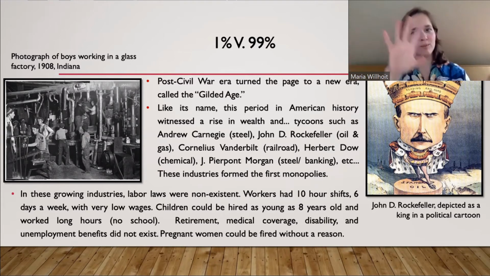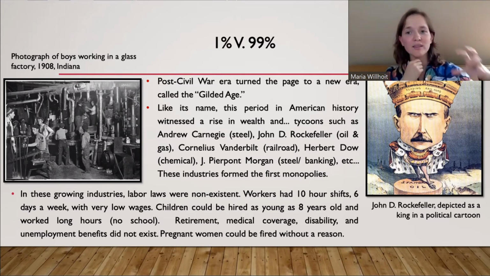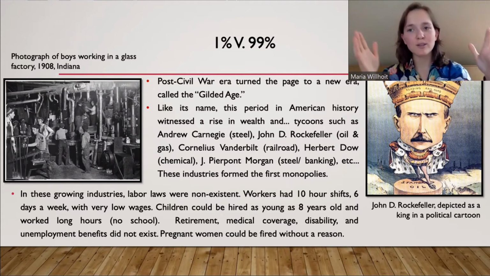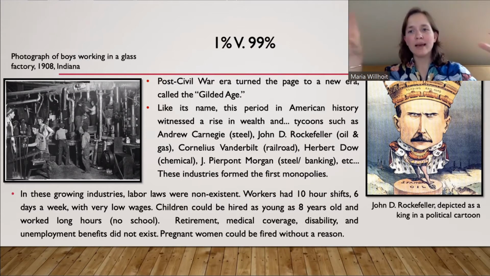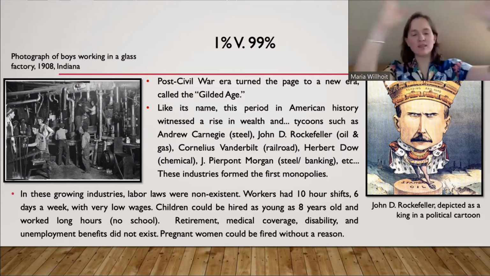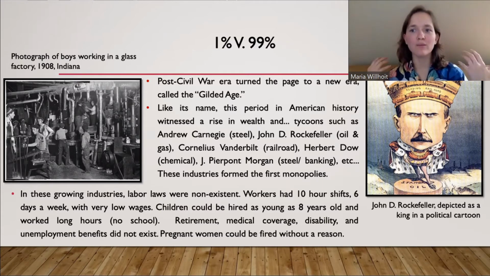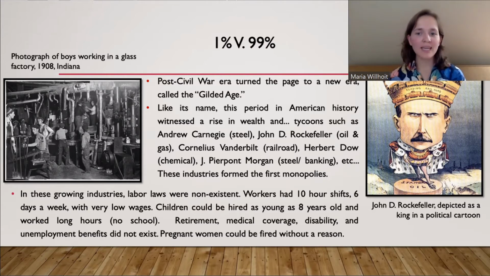He starts buying other businesses, and he starts buying his competitors out. He buys out railroads, and he starts to control them to ensure that his oil is moved and produced the way that he wants. So he starts to own massive industries, predominantly railroads and oil. And he has a huge monopoly, and he becomes kind of a king.